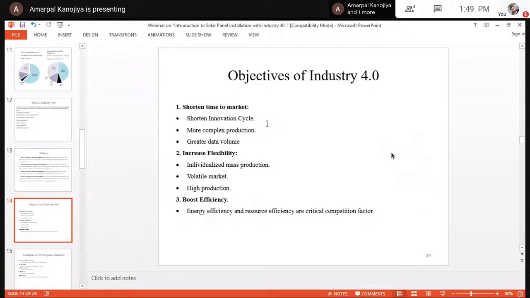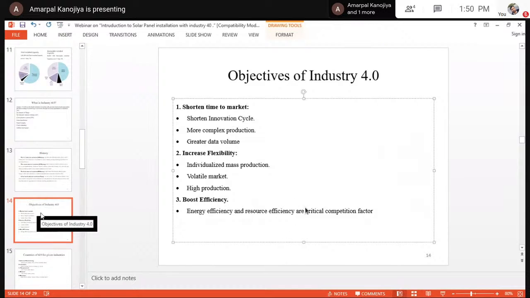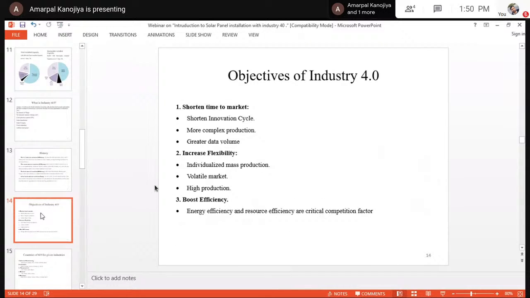Basically, if any industry is attached to the Industry 4.0 norms, which are just guidelines, each and every company can increase their efficiency, decrease their consumption of electricity, and increase their production by following the guidelines of Industry 4.0.